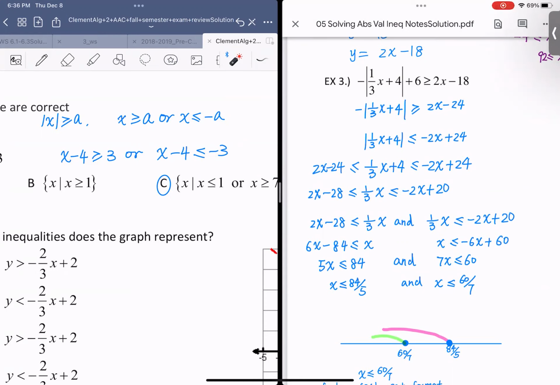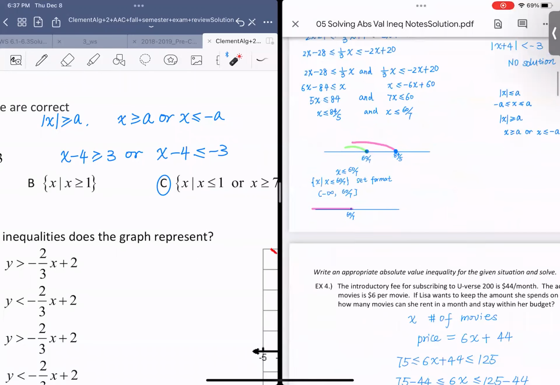Remember, you have the absolute value plus or minus something greater than or equal to another thing. On both sides, you could have two different absolute values, and you have all those transformations: horizontal shift, horizontal compression, horizontal stretch, vertical compression, vertical stretch. On both sides, you also have absolute value.